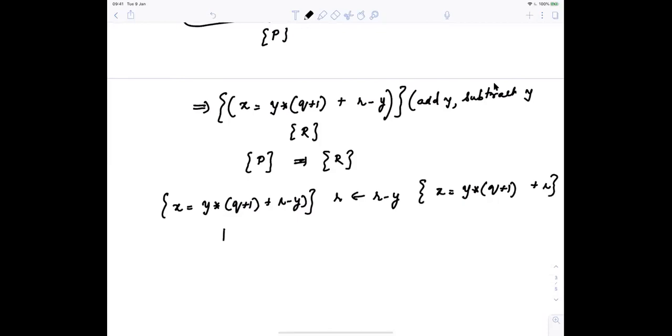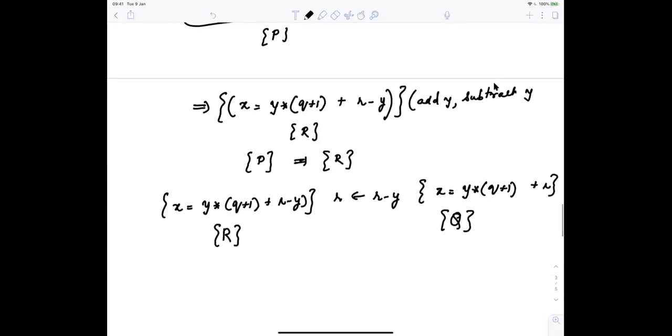So this is r over here and this is q. Clearly this is an arithmetic expression in which I have simply replaced r with r minus y.